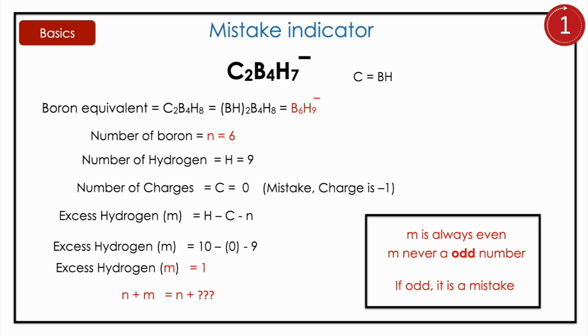Carbon equivalent is BH. If you substitute it, N is 6, hydrogen is 9. If I mistakenly write the charge as 0, you end up with M equals 1. Definitely a mistake, because it should be even, not an odd number. So you should know that M must always be an even number.